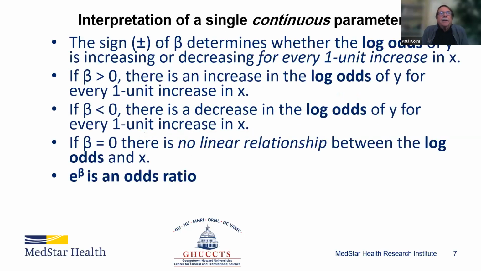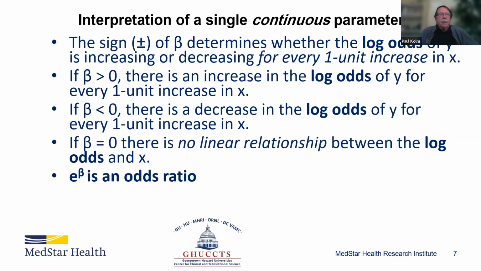And the beta coefficient, the regression coefficient, will have a sign, positive or negative. If it's greater than 0, then there's an increase in the log odds for every 1 unit increase in the independent variable. If the regression coefficient is negative, then there's a decrease in the log odds.